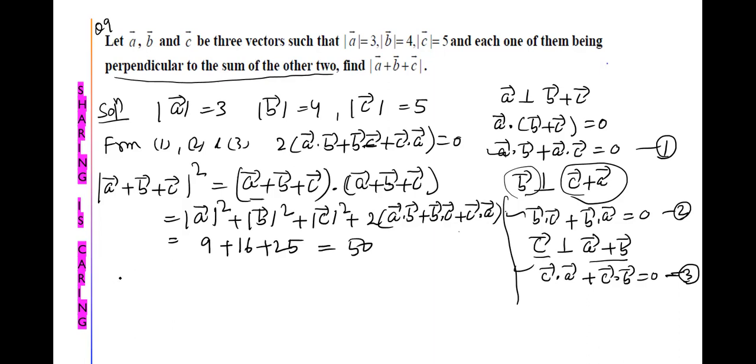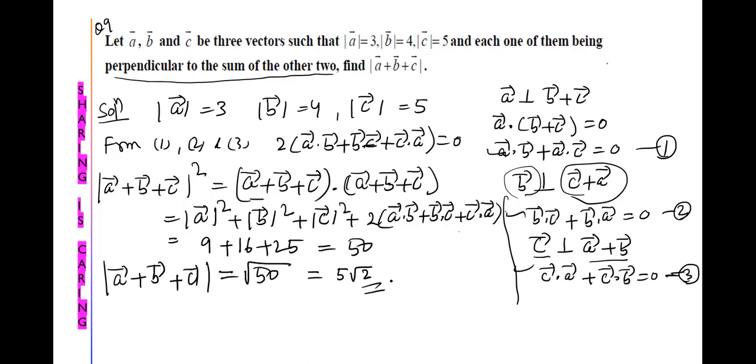So the magnitude of A plus B plus C is under root 50, that is equal to 5 root 2.